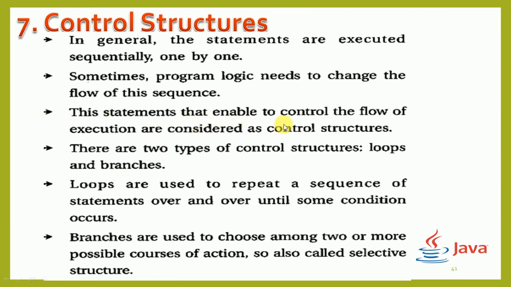These statements that enable you to control the flow of execution are considered control structures. There are two types of control structures: loops and branches. So what are loops? Loops are used to repeat a sequence of statements over and over until some condition occurs. The branches are used to select among two or more possible courses of action, so they are also called the selective structure.